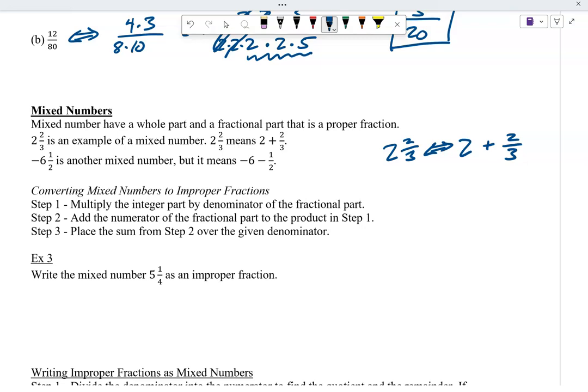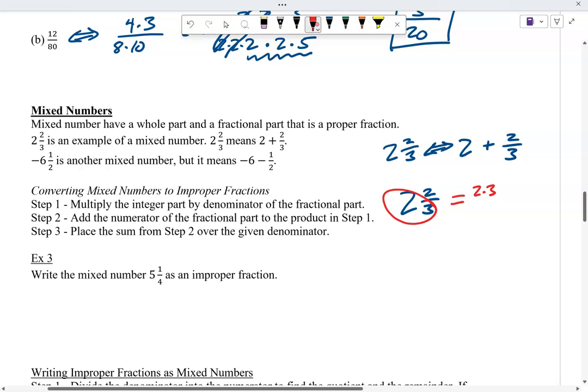What you do is you take the 2 times 3, and then you add the 2 right there, and then you put it all over that 3. So 2 times 3 is 6, 6 plus 2 is 8/3. 8/3 is the same as 2 and 2/3, right?